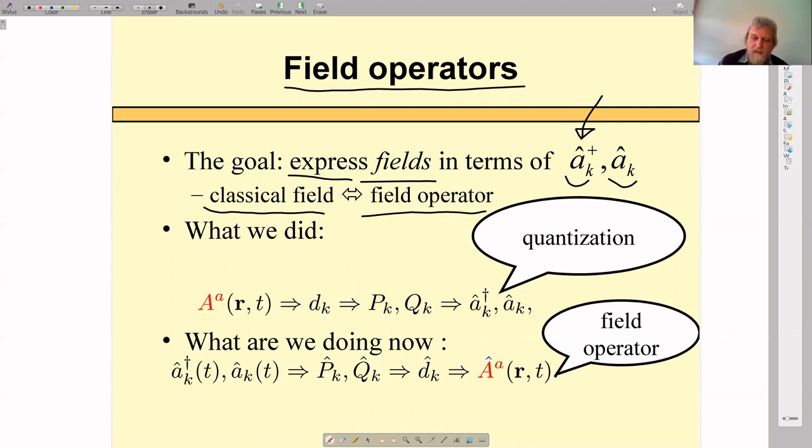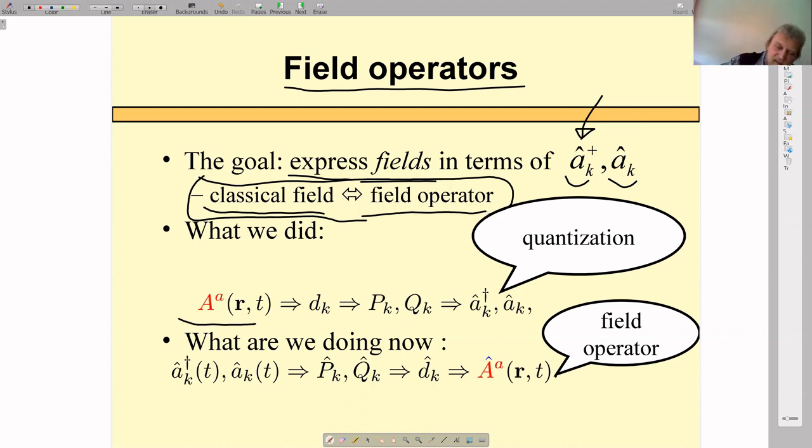We need to find, for any classical field, a corresponding operator, a quantum mechanical field operator. But we have actually done this. Let me recall what we did when we were talking about classical fields.